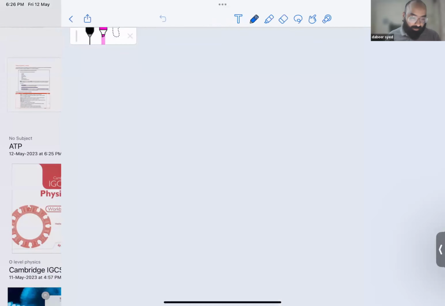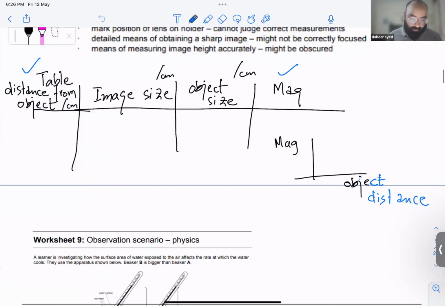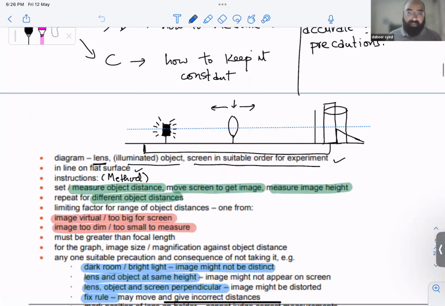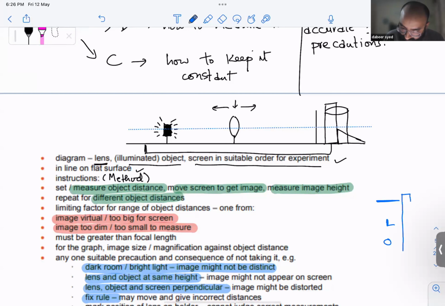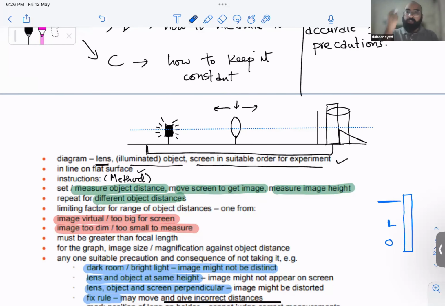In this case, the best way to negate parallax error is to make sure that, if you have this setup where your screen is placed here, your lens is placed here, and you have your object here, then the ruler should be placed in such a manner that it is touching the holders.